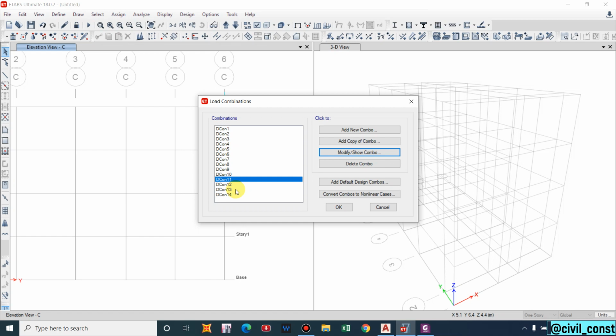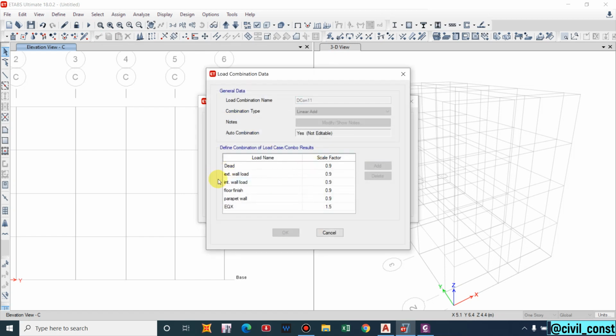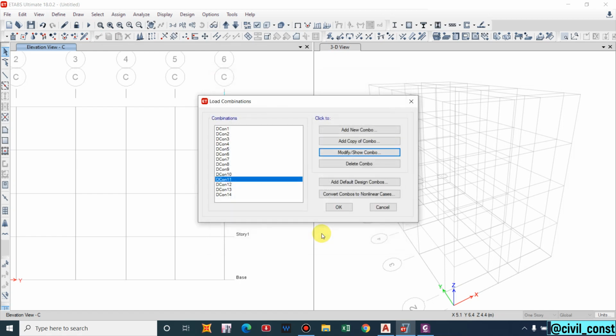Then the dead load being reduced, and the earthquake effect being scaled with a higher value, it will try to overturn the building. So we are considering the most severe case to check the stability of the building. In simple terms we can say that the anti-clockwise moment is being scaled by 1.5 times, and the clockwise moment, which is the resisting moment, is being scaled by 0.9 times, which simply means reducing the clockwise moment, that is the resisting moment.